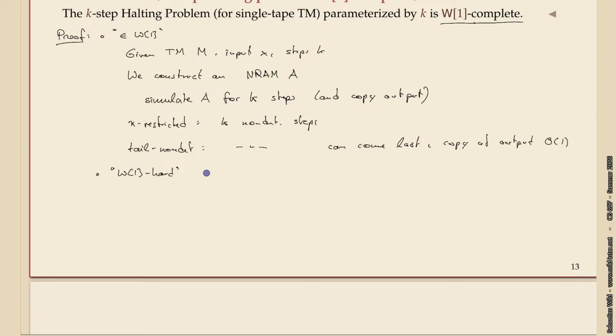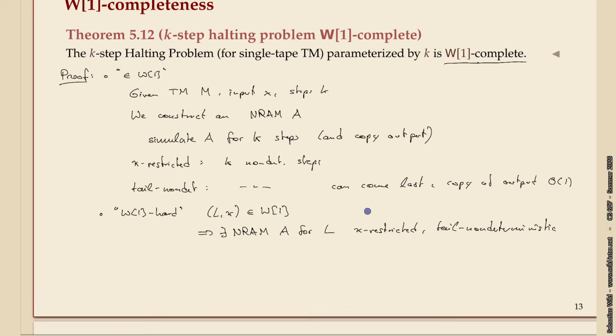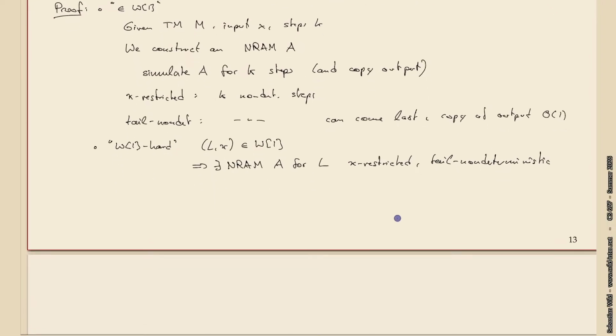And for that, we need, given some arbitrary problem in W1, that means there is an NRAM for this which is kappa restricted, tail non-deterministic, and we have to show that we can output the same as this machine A using our problem of simulating k steps of some Turing machine. How are we going to do that?